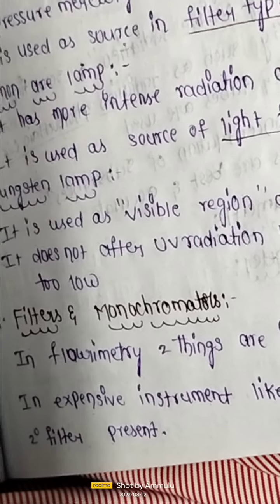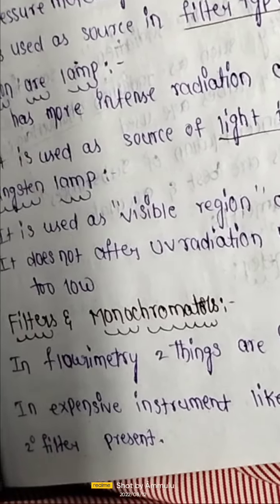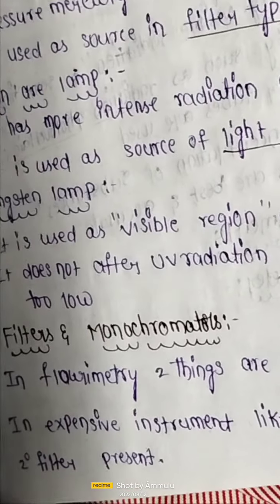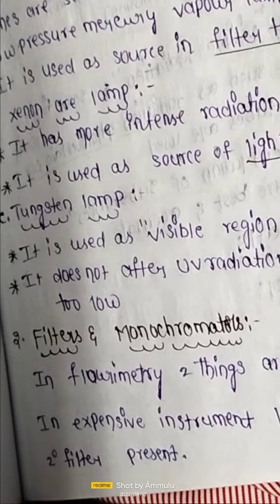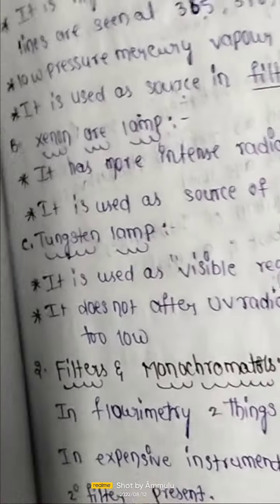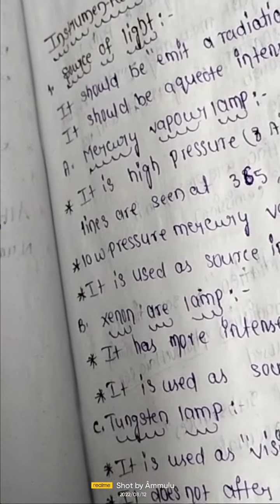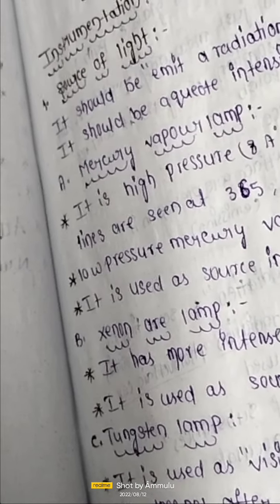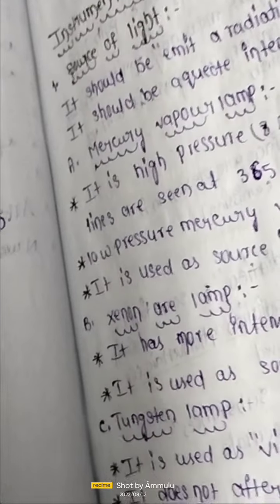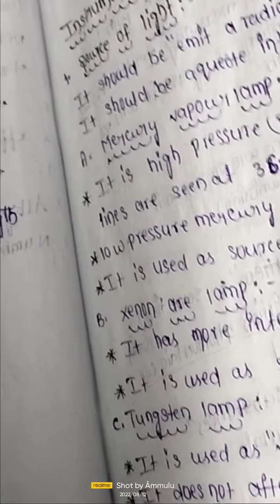The instrument is very expensive when compared to the other instruments, and it has more intense radiation when compared to UV radiation, and it is used as a source of light in the spectrofluorometer.